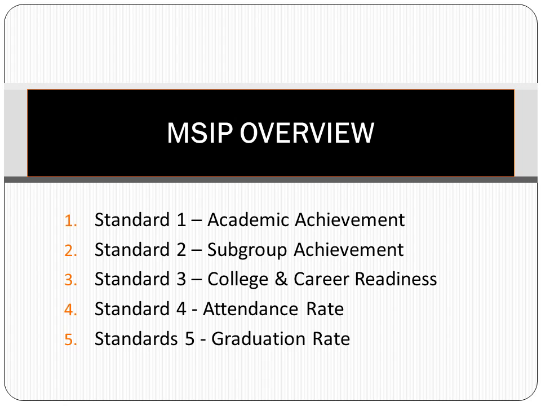MSIP 5 is broken down into 5 different standards: academic achievement, subgroup achievement, college and career readiness, attendance rate, as well as graduation rate. Missouri's Top 10 by 20 plan holds as a primary goal that all students will graduate high school, college, and career ready.